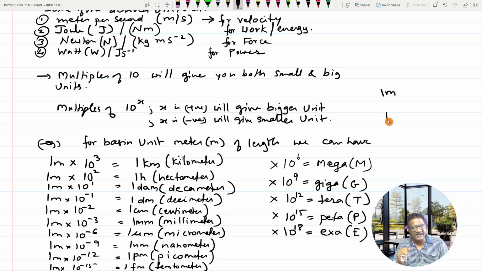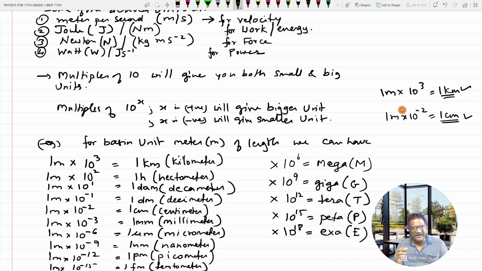Now if I write 1 meter multiplied by 10 raised to minus 2, this is nothing but 1 centimeter. This is a smaller unit. And if I write 1 meter multiplied by 10 raised to 3, this is 1 kilometer. So 1 kilometer is a bigger unit, and 1 centimeter is a smaller unit than meter.